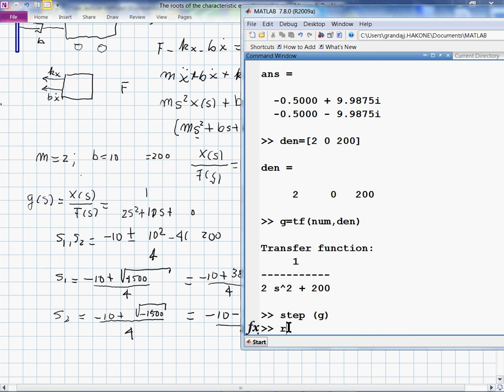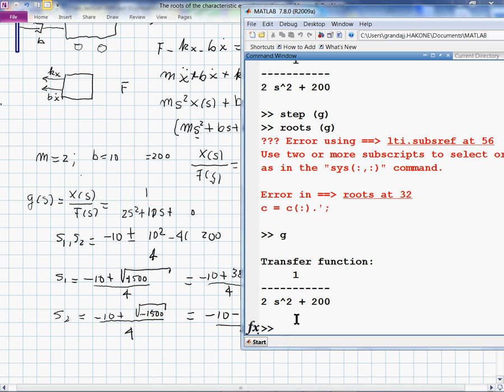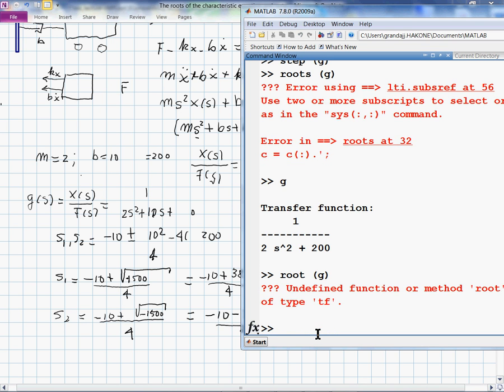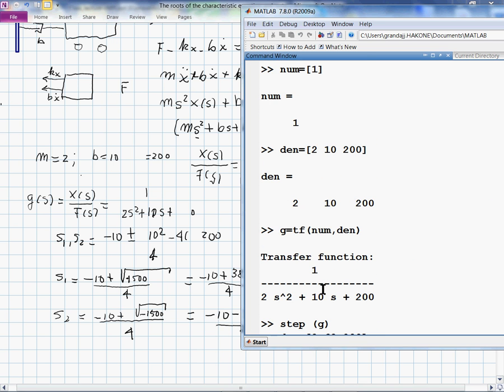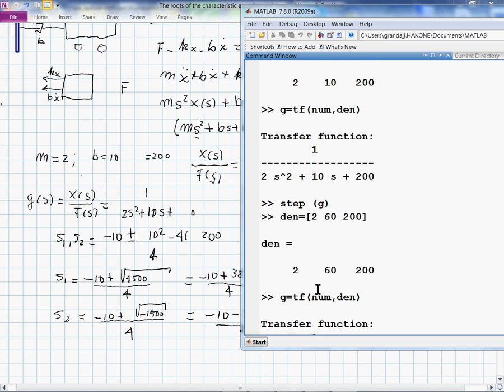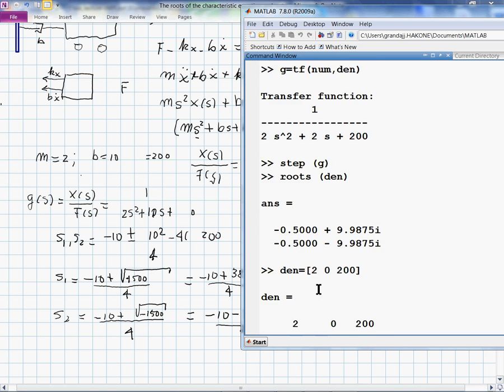Before I do this, on this transfer function that I have, let me just delete this. Find the roots. Where are these roots? These roots of G. Let's see what G is. I think this is what we did before. Step. Oh, I think I did the R locus.